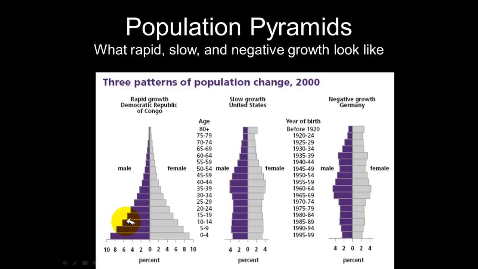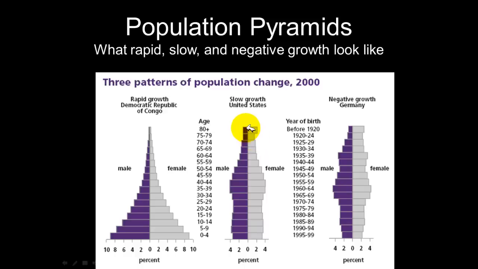If you take a look, the majority of the population of the Congo during this time that this pyramid was made are between the ages of 10 and 14 years old, down to infants. So this is what it would look like. As you increase in age, there is a dramatic decrease. So this is an example of rapid population growth.